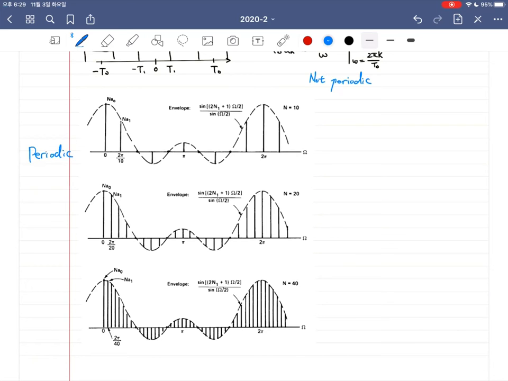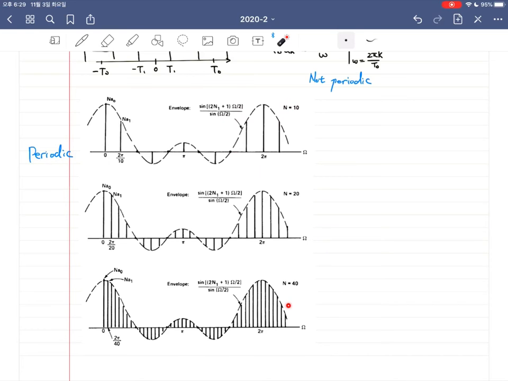So a_k is definitely periodic, and you can see that the coefficients a_k for this Fourier series are samples of this envelope. And this envelope gets denser and denser as N increases.